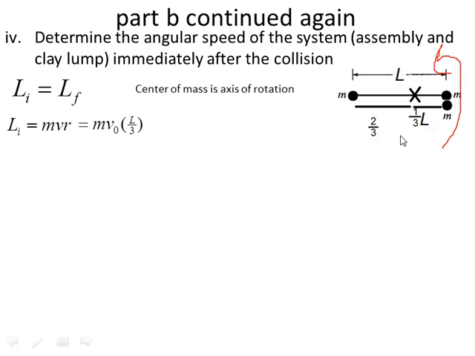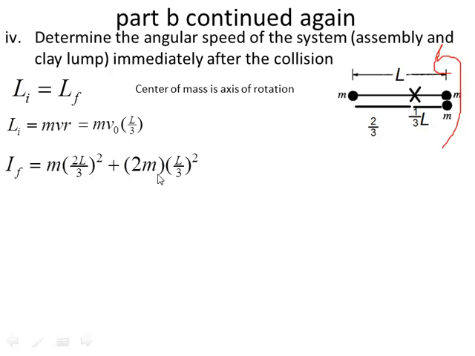So we want to use our formula for angular momentum, that's I times omega. We need to figure out what the moment of inertia of the system will be after the clay blob strikes the sphere here. So the final moment of inertia will be this guy times its distance from the axis of rotation squared plus these two times their distance from the axis of rotation squared.